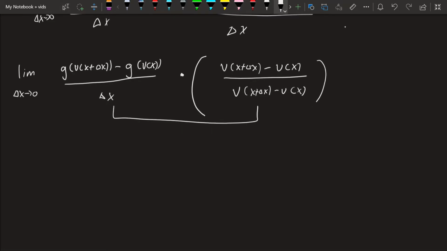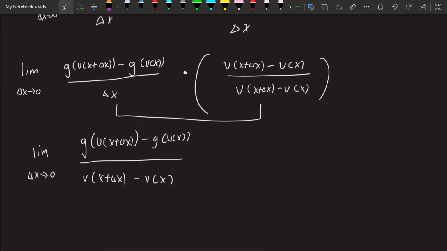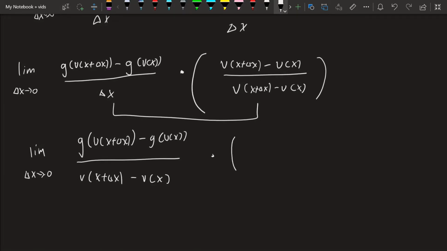So what I'm going to do is swap the denominators, because we're multiplying, right? We can swap denominators. We're going to get the limit as delta x goes to 0 of g of v of x plus delta x minus g of v of x over v of x plus delta x minus v of x, multiplied by v of x plus delta x minus v of x over delta x, right?